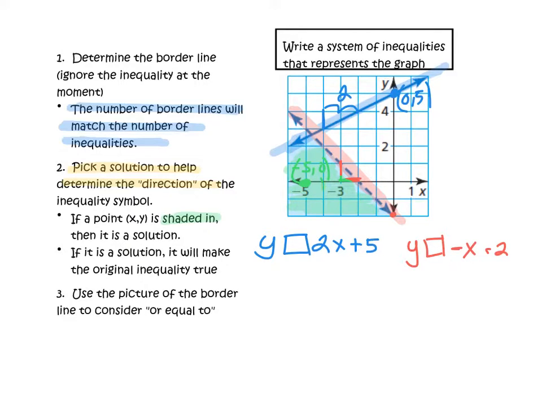So if I plug that point into this inequality first, we get 0 being compared to 2 times -5 plus 5. So -10 plus 5 is -5. Now the point that we chose was a solution, so this needs to be true.